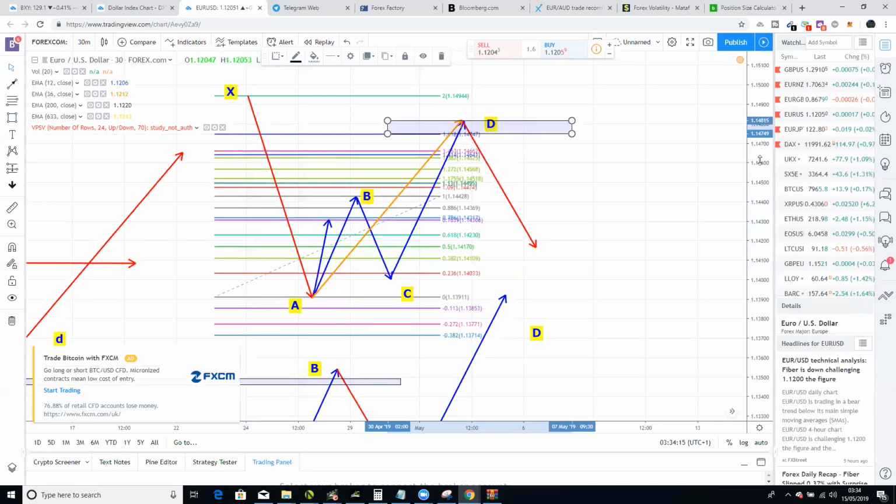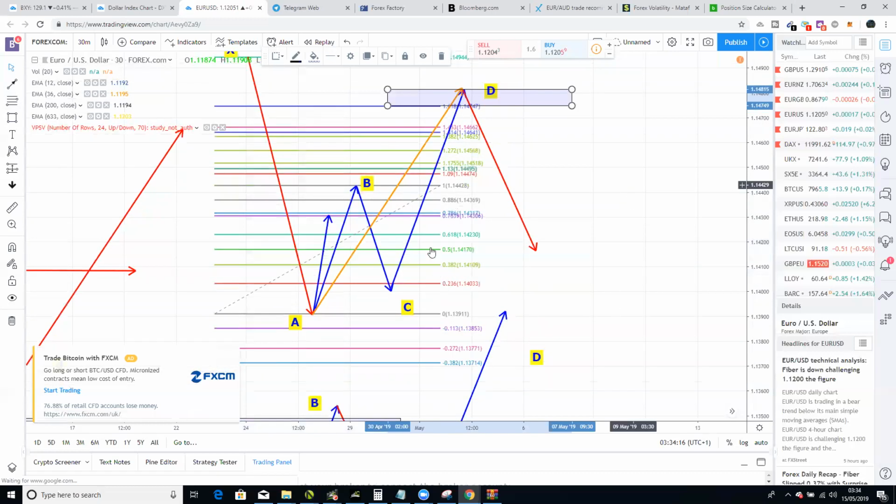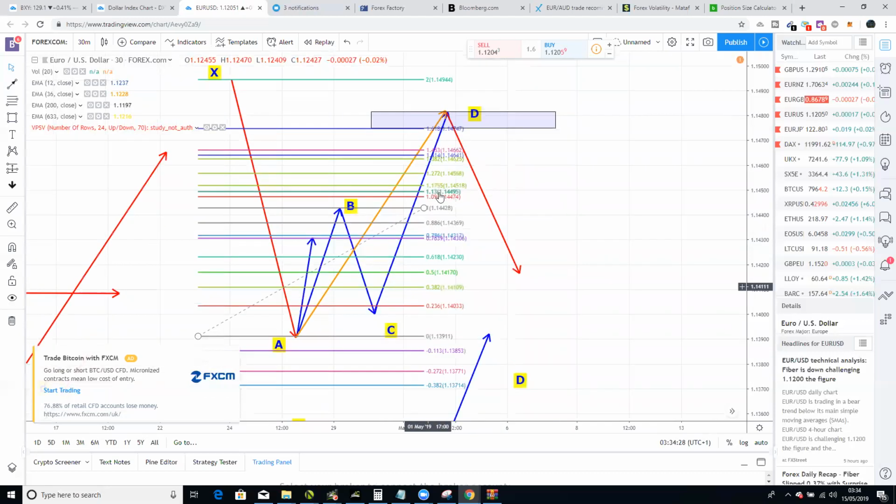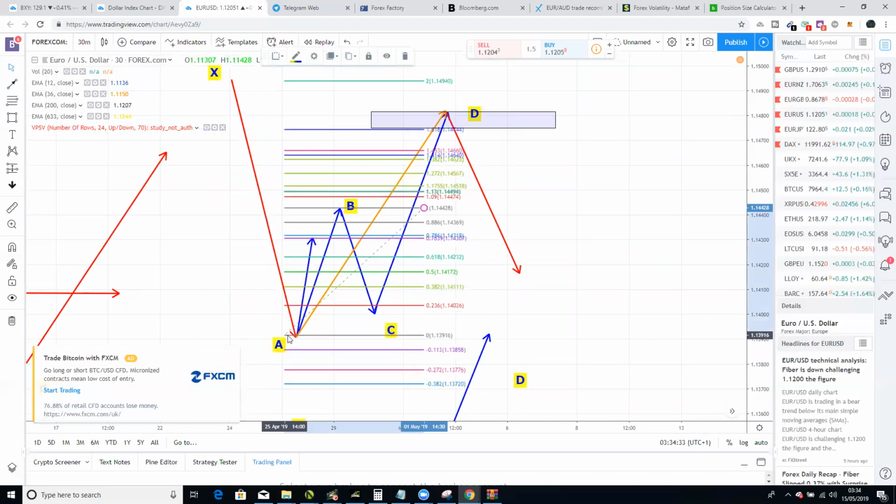And that's the reason why we have zones in harmonics, so that in this particular zone of the A to B leg, all right, which is giving us that extension at 1.618, is actually now giving us a cluster of Fibonacci levels, and this is how we work Fibonacci clusters out.